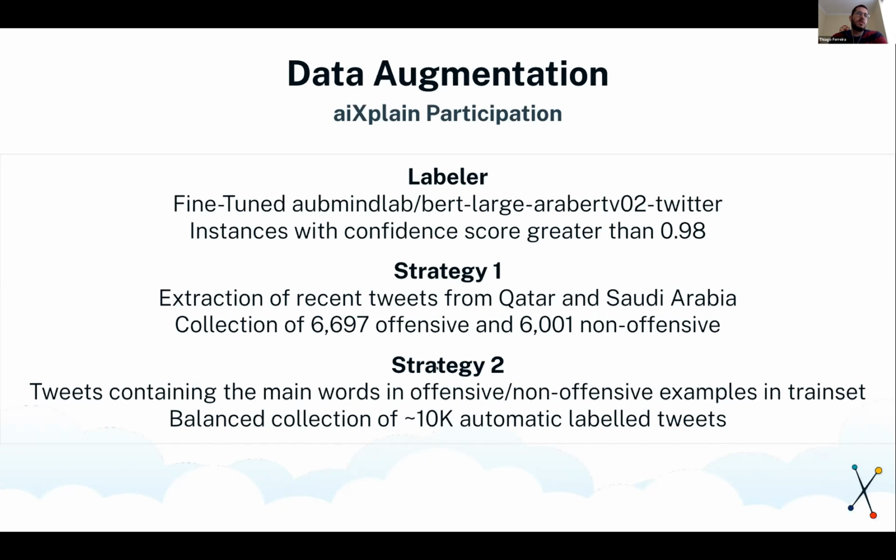We also used a strategy 2, where we got a large database of Arabic tweets, and we separated tweets that had very characteristic words of offensive tweets in the training set and of non-offensive tweets. We separated this sample and then labeled them. Again, we got a balanced collection of around 10,000 automatically labeled tweets. So more or less 5,000 offensive, 5,000 non-offensive.